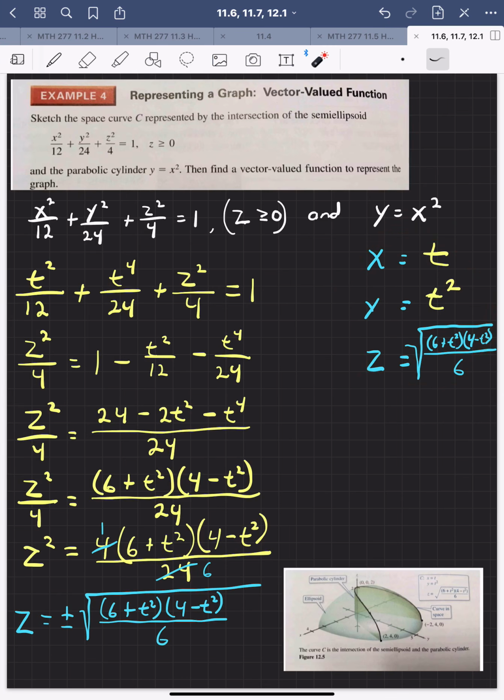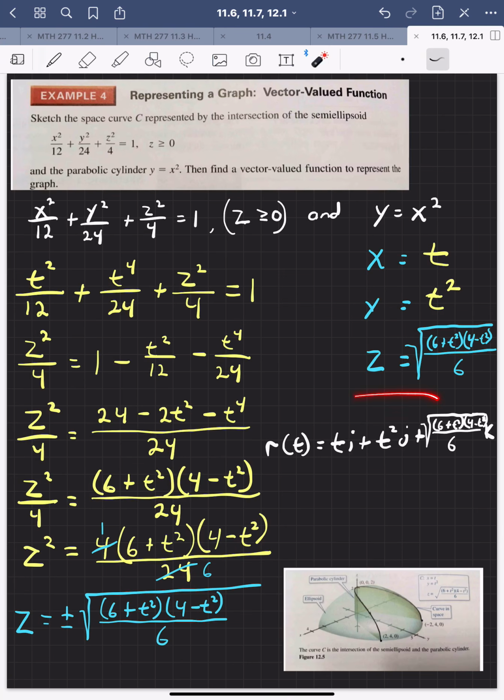So I can quickly go to my vector valued function. r of t is going to be equal to t in the i direction plus t squared in the j direction plus, let's see if I have enough space, plus the square root of 6 plus t squared times 4 minus t squared over 6 in the k direction. Okay.